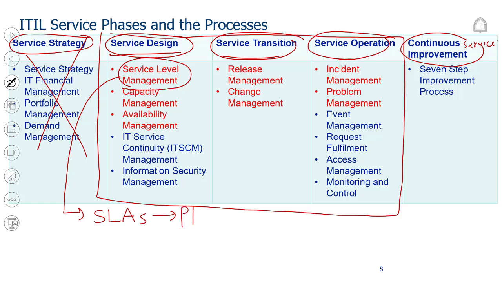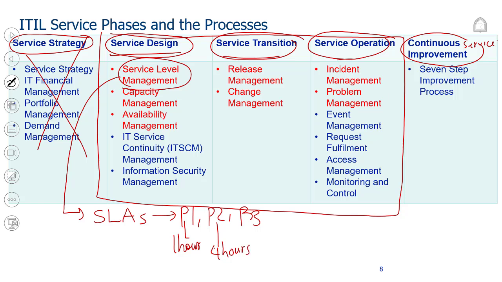You've got priority 1, priority 2, and maybe priority 3. You can agree with the customer that for the priority 1 tickets, I want them to be resolved within 1 hour. For the priority 2 tickets, within, for example, 4 hours.